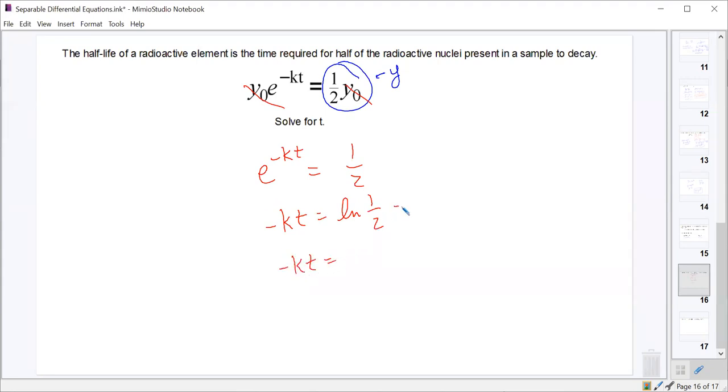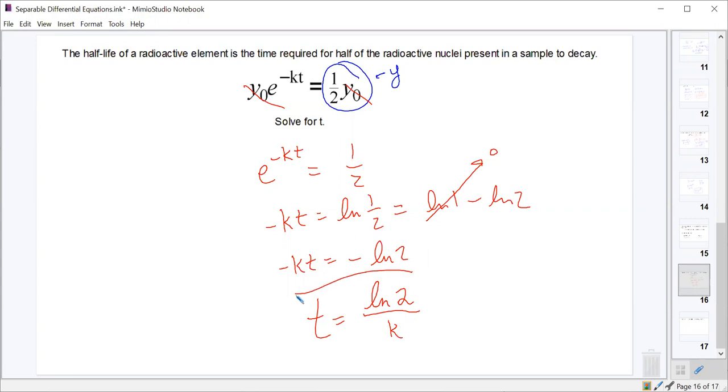I'm going to write this out: natural log of 1/2 is natural log of 1 minus natural log of 2, and natural log of 1 is 0. So this becomes negative natural log of 2. And that half-life, t, should just be the natural log of 2 divided by k.